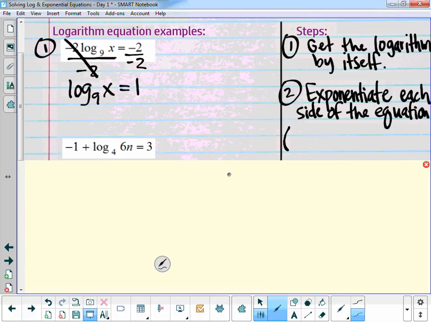Oh, I forgot to add one thing here. Bases must match or be equal to one another, okay? So what is the base of our logarithm we have here?